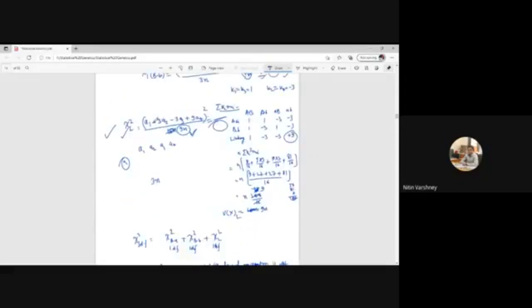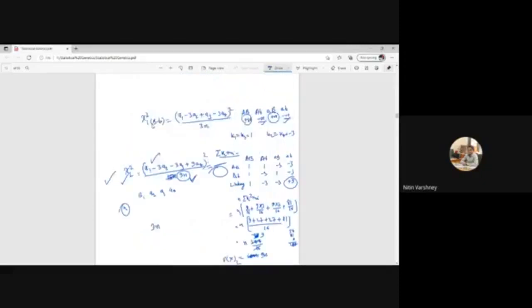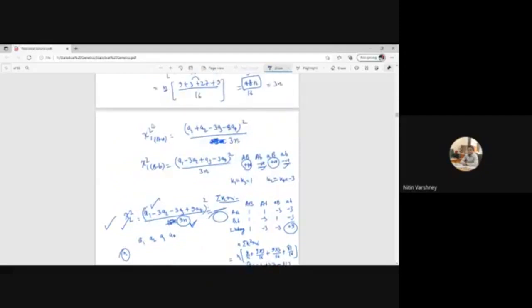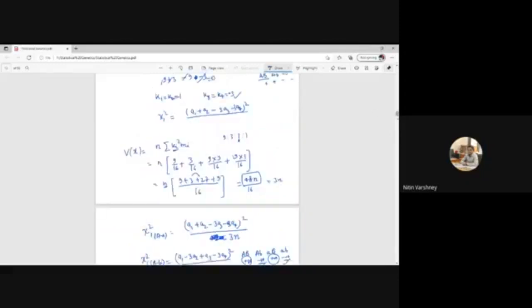See here, we made this a1 minus 3a2 minus 3a3 plus 9a4 for linkage. We calculated the chi-square for linkage. Remember this. So we will use this linear combination here.